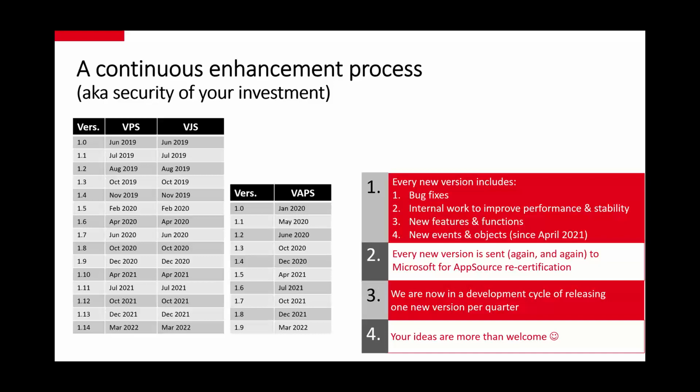So VPS, VJS, and VAPS have an API, and you can build upon our extensions to get a more individualized user experience with them. Whenever we have a version ready, we send it to Microsoft for App Source recertification. So whatever you get from us has been approved by Microsoft for App Source, and matches the quality standard that Microsoft has there.